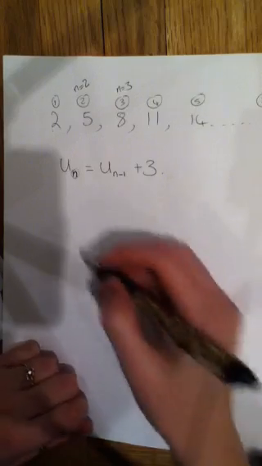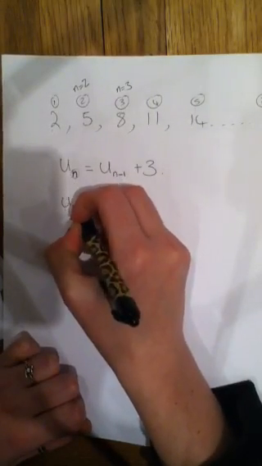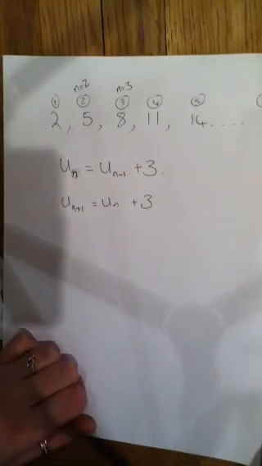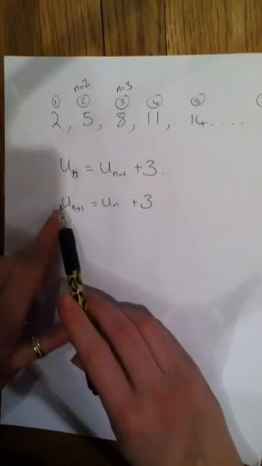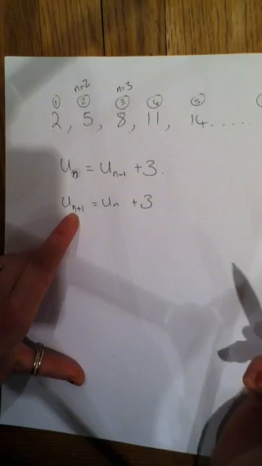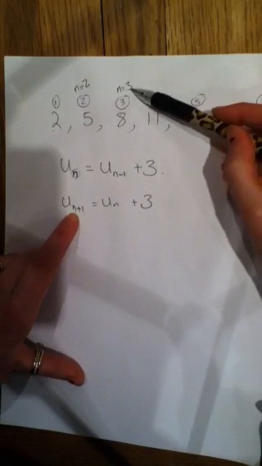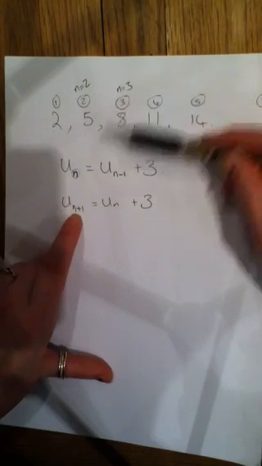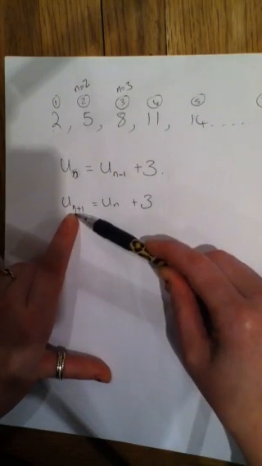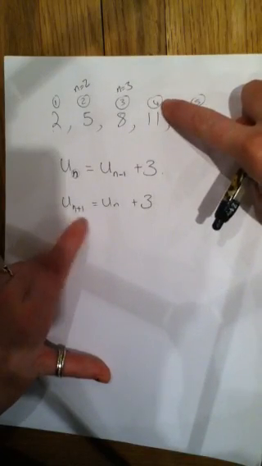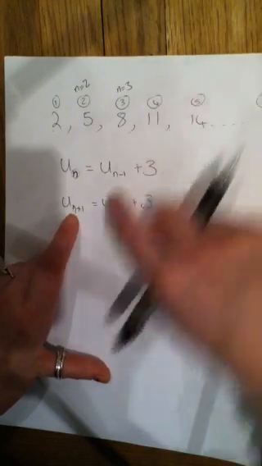You might also see it written like this, which is the same principle, but if we read what it's saying, U_(n+1). If we take an example of N is 3, then I'm looking at N add 1, which is 4.